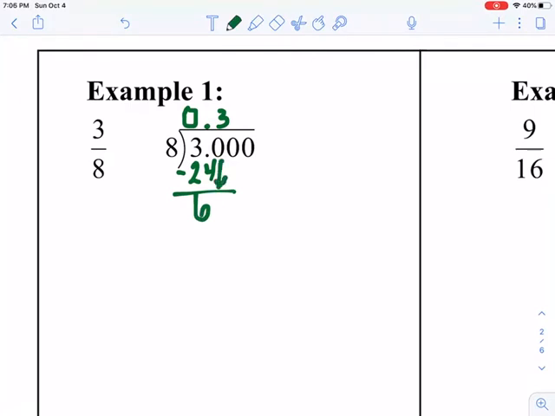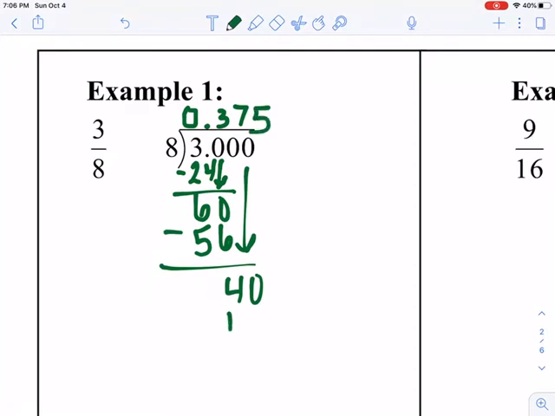Bring down your next 0. 8 into 60, 7 times. Bring down your last 0. 8 into 40 is 5 times. And we'll zero out there. So 375 thousandths is your answer.